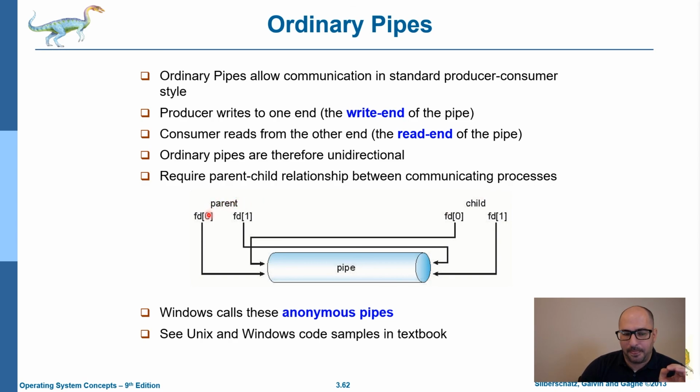So the parent will write to file descriptor 0, while the child will take the read end of the pipe, which is file descriptor 1. And so the parent, upon forking the child after that succeeds, will close its read end, and the child will close its write end, so that information flows in that single direction. Take a look at the example, the code example in the book. It's pretty good for that.